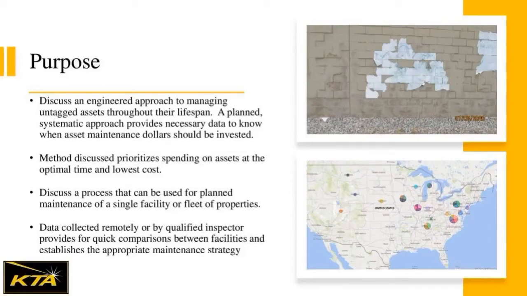Facility managers need a plan to prioritize spending of maintenance dollars on assets at the optimal time in a proactive manner, not managing reactively when removal and replacement is required, as illustrated in the top photo in the slide.